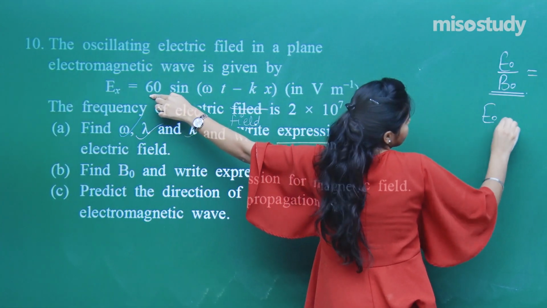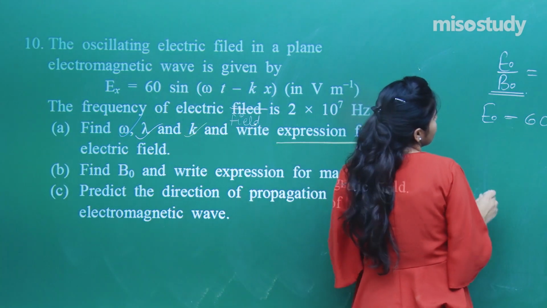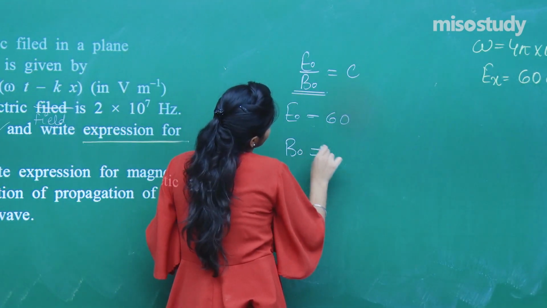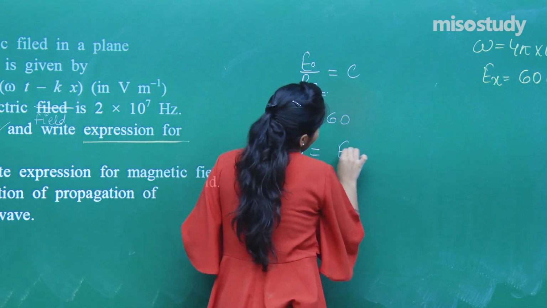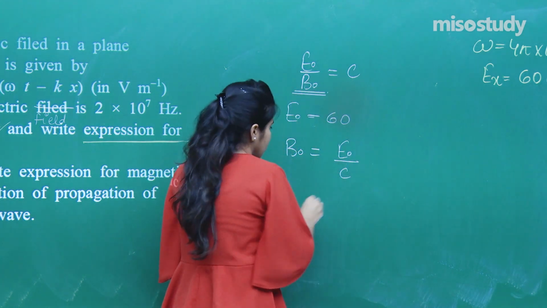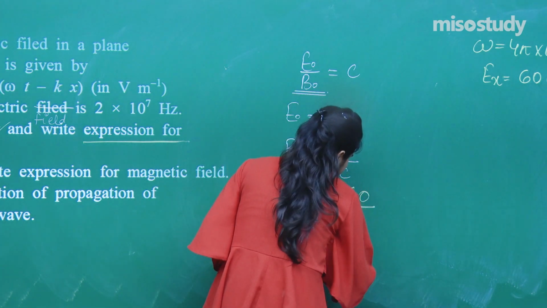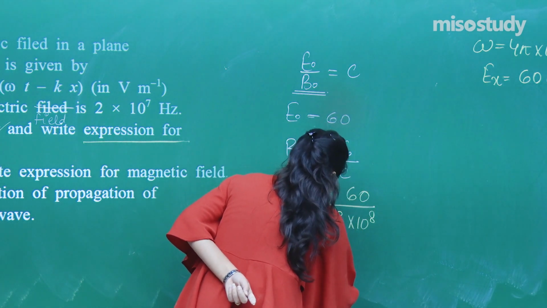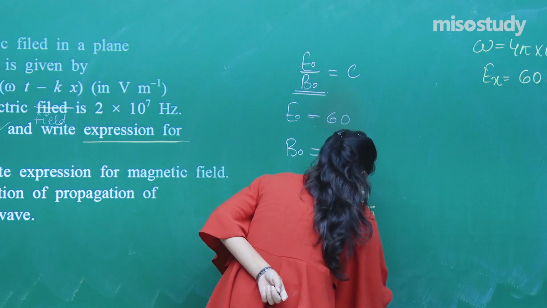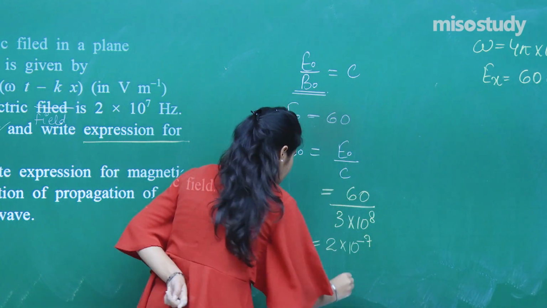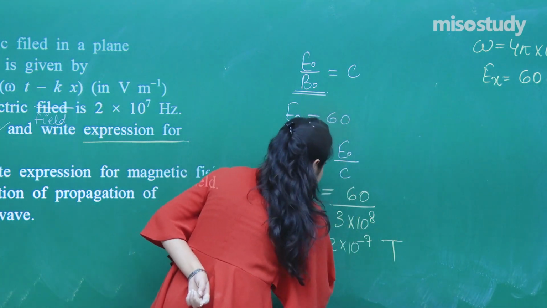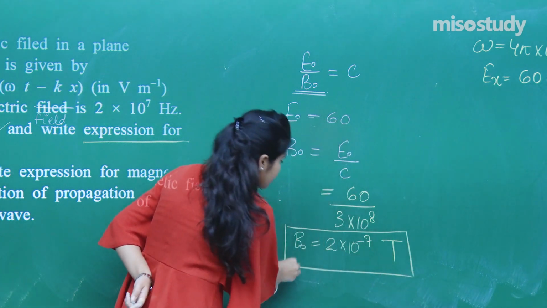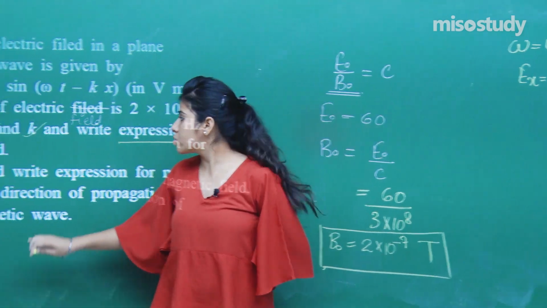So from here B naught equals E naught upon c, so 60 upon 3 into 10 raised to the power 8. So your B naught will come out to be 2 into 10 raised to the power minus 7 Tesla. This is the value of B naught.